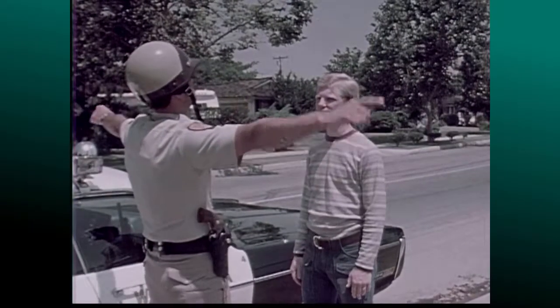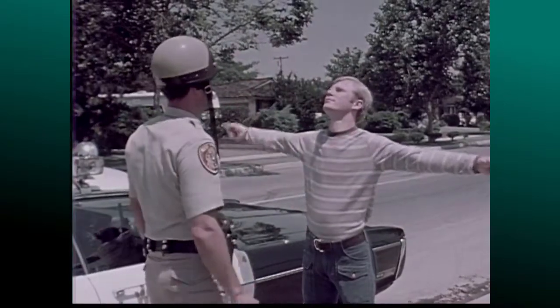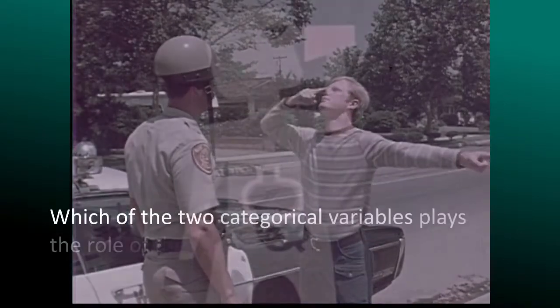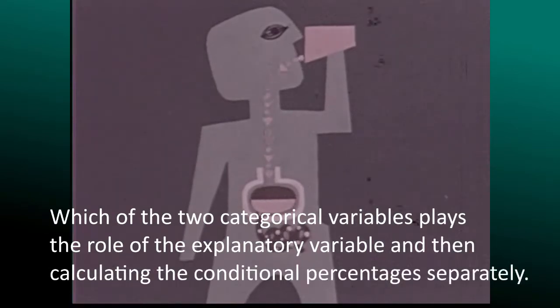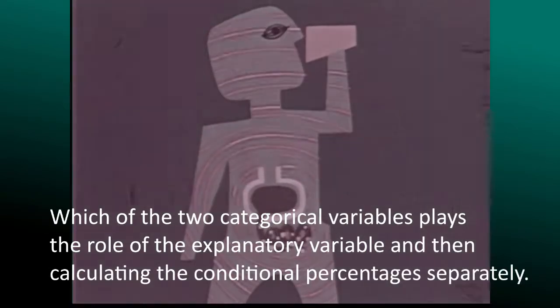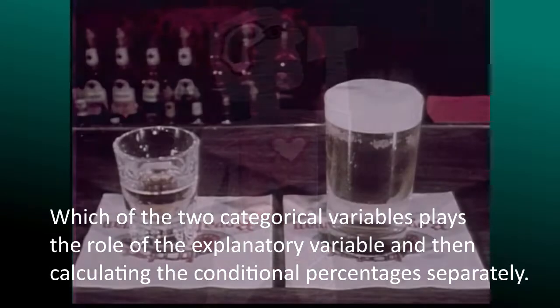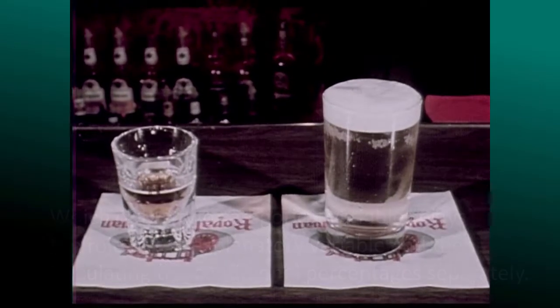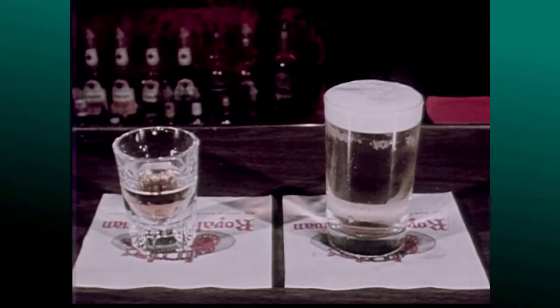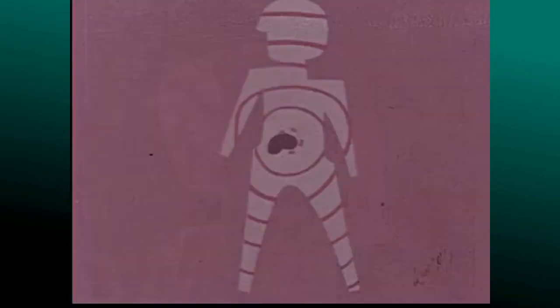The key to reporting appropriate summaries for a two-way table is deciding which of the two categorical variables plays the role of the explanatory variable and then calculating the conditional percentages separately. That is, the percentages of the response variable for each value of the explanatory variable.